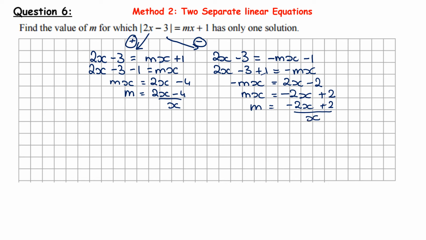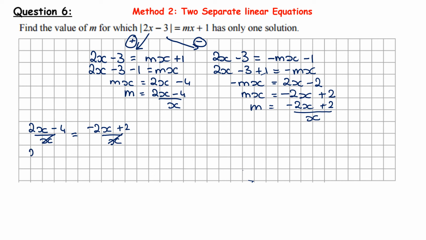Now, since there's only one solution, both of these would have to be equal. So therefore, 2x minus 4 all over x is equal to minus 2x plus 2 all over x. So getting rid of the fractions, multiply both sides by x, which gets rid of both of our x's here.